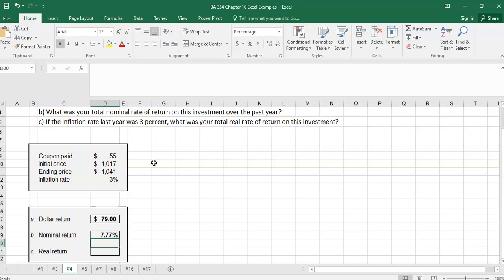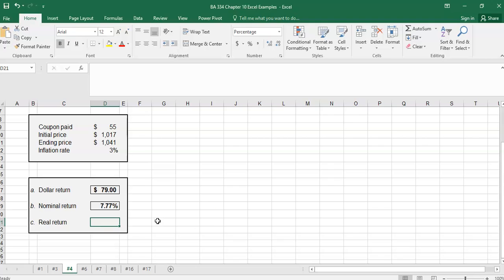7.77%. With our real return, we use the Fisher formula to calculate that. So with the real return, we have 1 plus the nominal return divided by 1 plus the inflation rate minus 1. So we go back to the Fisher formula from a previous chapter.